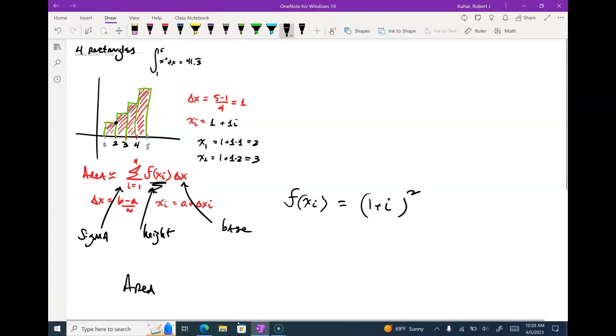I'm not going to simplify it here, but when I do the Riemann sum you'll see I will simplify it. So this area is the sum from i equals 1 to 4 of 1 plus i, quantity squared, times delta x, which is 1. Delta x is 1, yes?